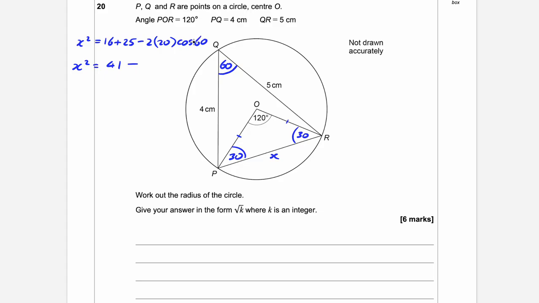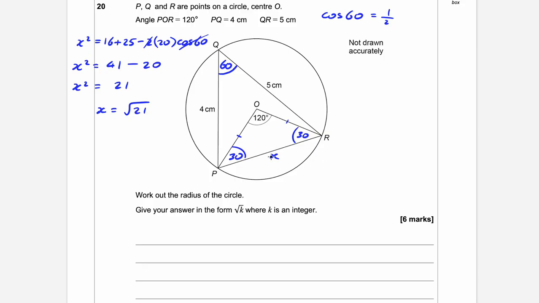Cos 60 is a half. So that 2 cancels with this. So x squared is 41 minus 20. X squared equals 21, which means x equals root 21.